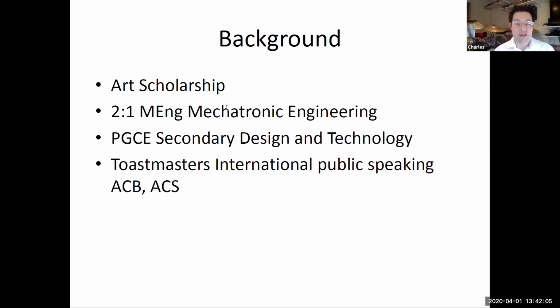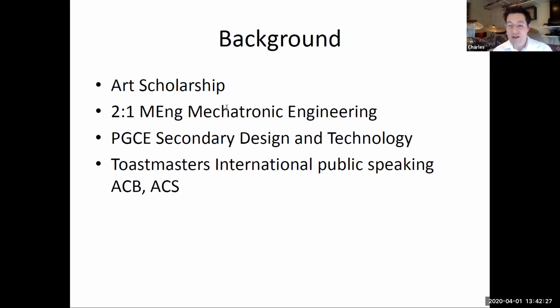My own background: I had an art scholarship back at school. I then went to Lancaster University, got a 2-1 in mechatronic engineering and competed in Formula Student. I still couldn't decide what to do for a career, so I went on to do a PGCE in secondary design and technology. I decided that was a bit of a waste, as my skills were being wasted, but I did learn a lot.